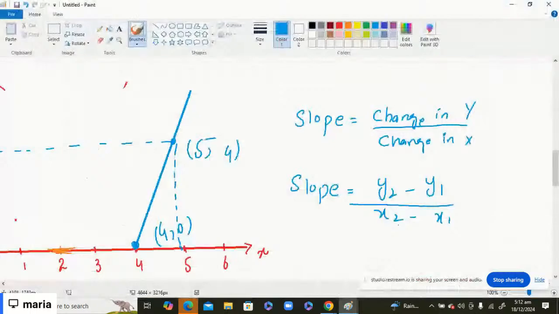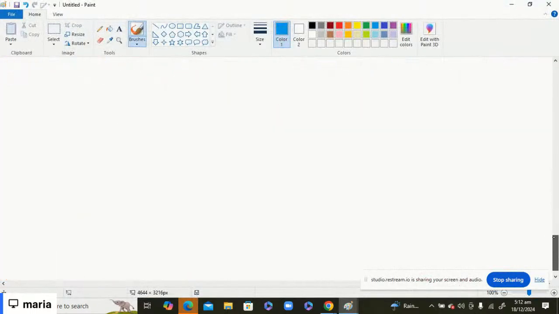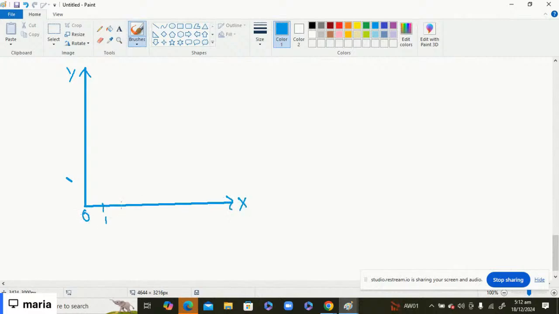For example, let's draw a graph here. This is your y, this is your x, that is 0, 1, 2, 3, 4, 5, 6, and 7. Here it's 1, 2, 3, 4, 5, 6.